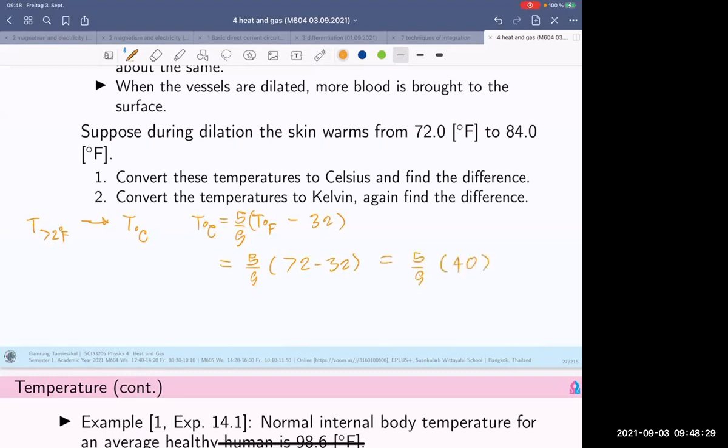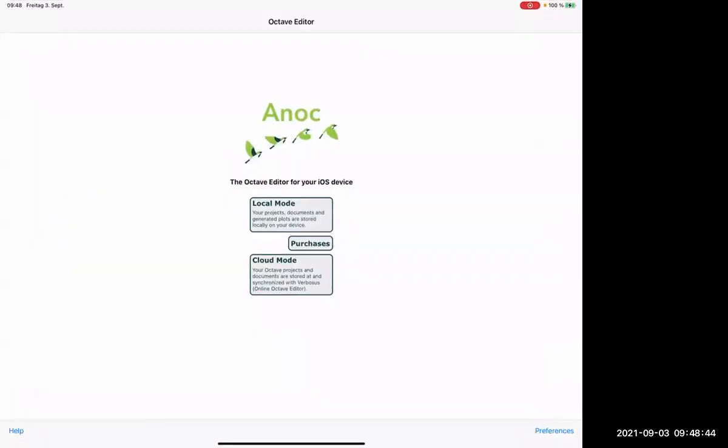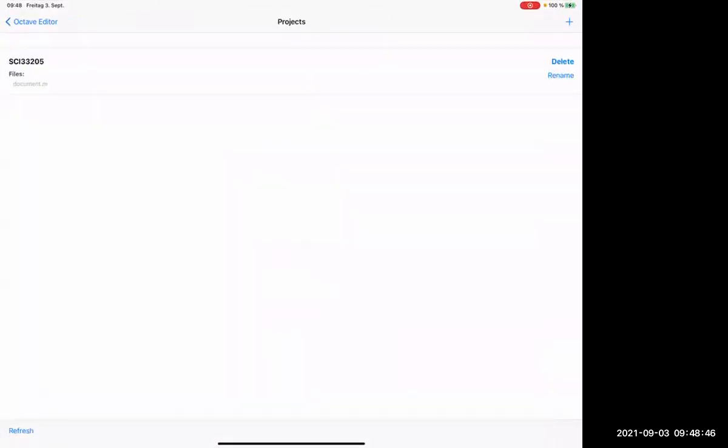We leave it in the calculator. 200/9. It should be something around 22, right?